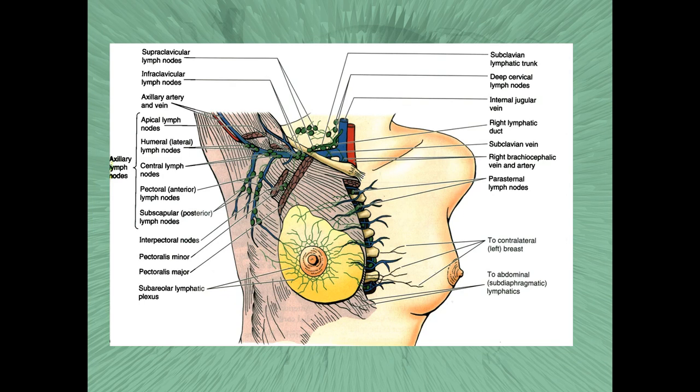Next organ and next region, the thoracic wall, and we are talking about the lymphatic drainage of the mammary gland, because it is of course an organ of the thoracic wall, and because unfortunately the problem of breast cancer is very actual today.